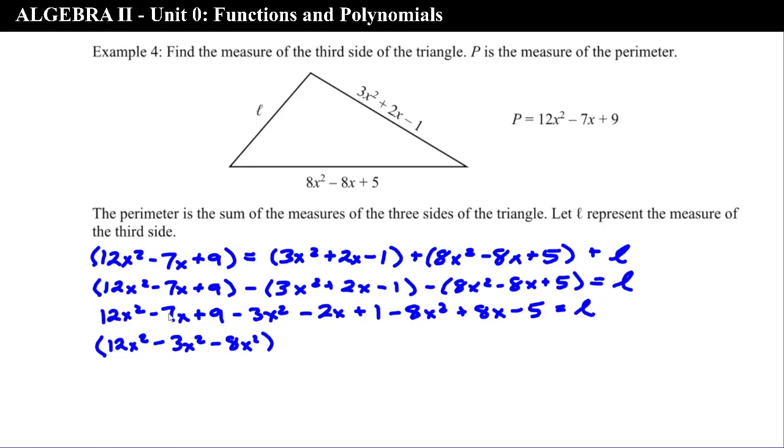And now let's gather together our x terms. We've got a negative 7x, we've got a negative 2x, and we've got a plus 8x. And then finally, we'll gather together our terms with no variables. So we've got a 9, a 1, and a negative 5.